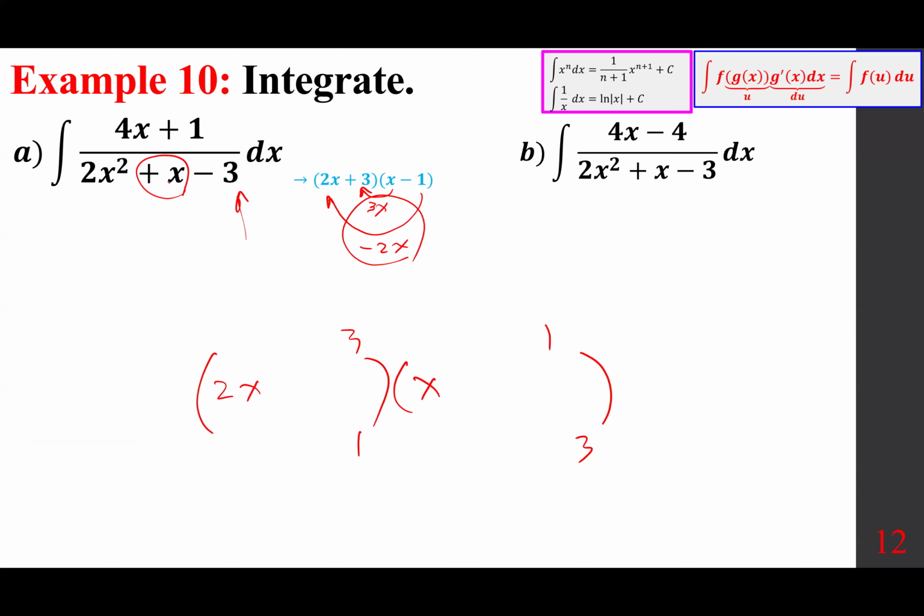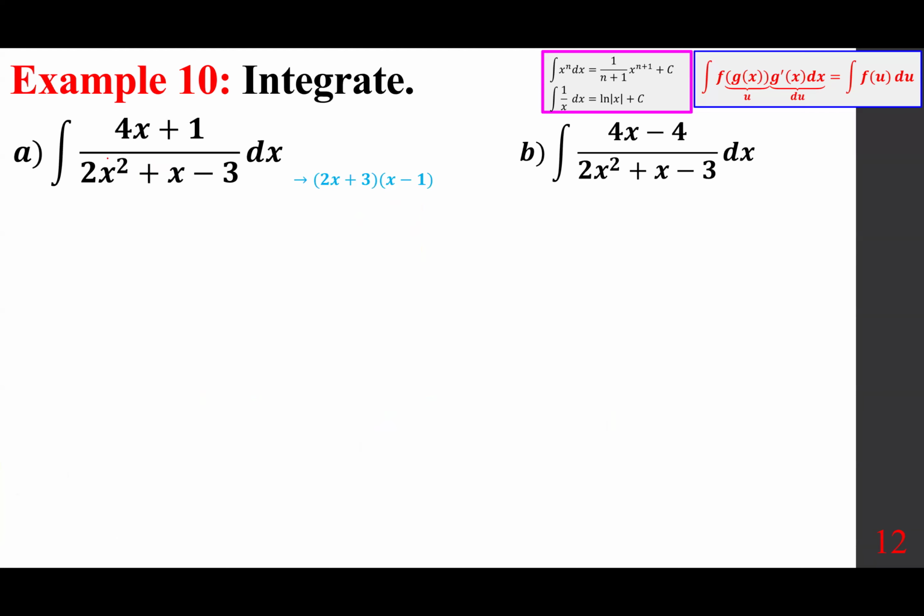So that's factored. Now, the top can't be factored. And you notice if you differentiate the bottom, we get 4x plus 1, which is the numerator. So u is the denominator. u is 2x squared plus x minus 3. du dx is 4x plus 1.